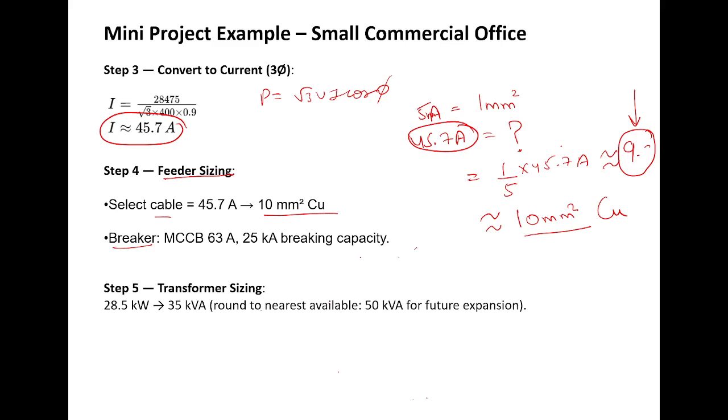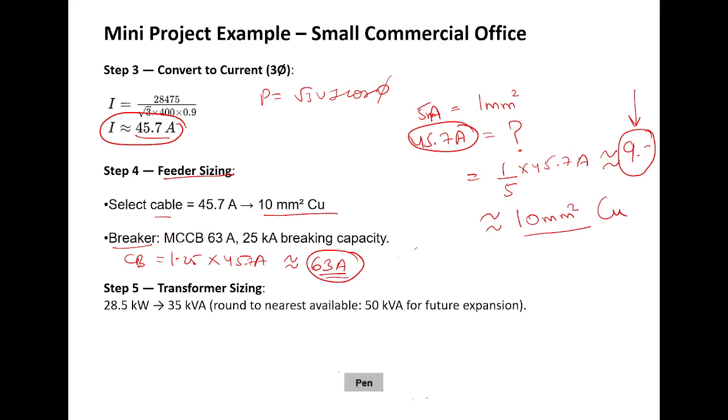Now coming to the circuit breaker. To calculate the circuit breaker size, just multiply the load current by 1.25. So breaker size can be calculated 1.25 into 45.7 amperes. So around you will get 63 amperes of nearby size, which is available in market. But here you can see I am using MCCB, not MCB.